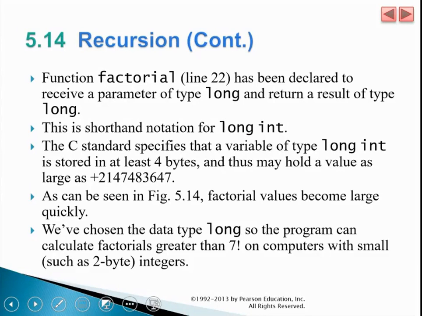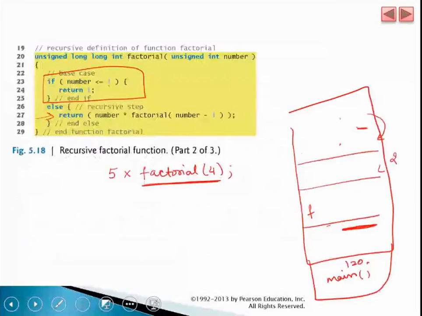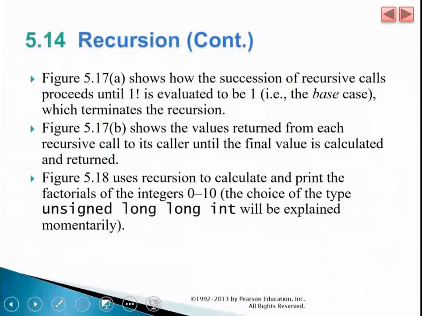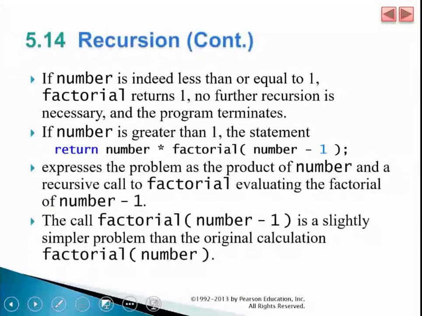I hope somewhere it is mentioned in the slides. So this uses recursion to calculate and print the factorial of the integers from 0 to 10 or 0 to something. But the type you have to keep is unsigned long int. Why do you have to keep it unsigned long int?